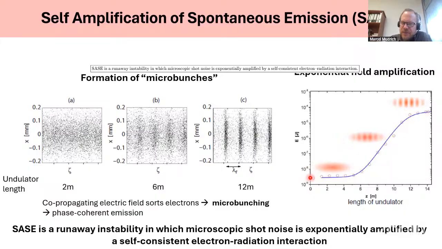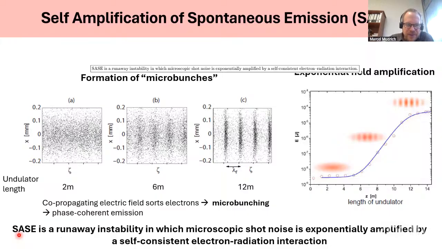So here it goes from 10 to the minus 8 up to 10 to the minus 4 joule. So from nanojoule to 100 microjoule or so of energy per pulse within a length of, how much is it? 5 to 6 meters. And then eventually saturation happens and all the energy of the electrons is converted into light, and that's the max we can get.